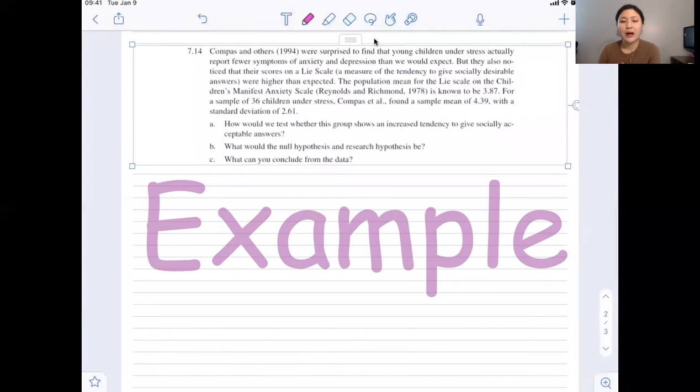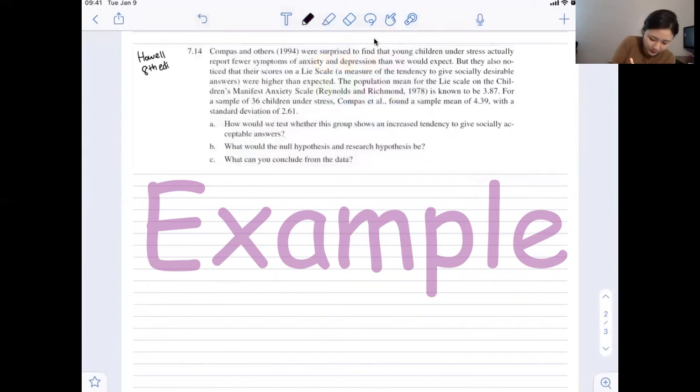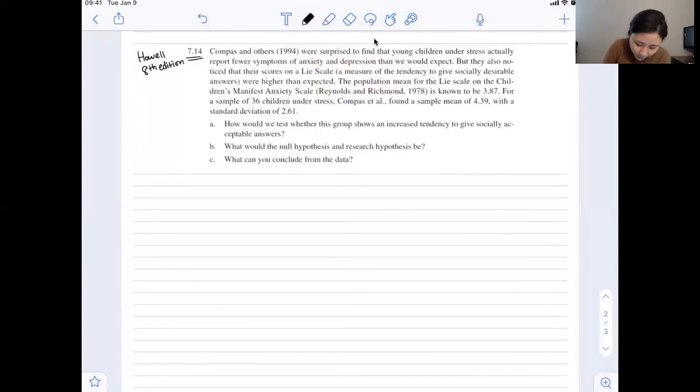I'm going to show you how I can apply everything I explained with an example. This is Howell 8th edition, exercise 7.14. Take a few seconds to read the scenario. What we want to test is that they also noticed that their scores on the lie scale were higher than expected.